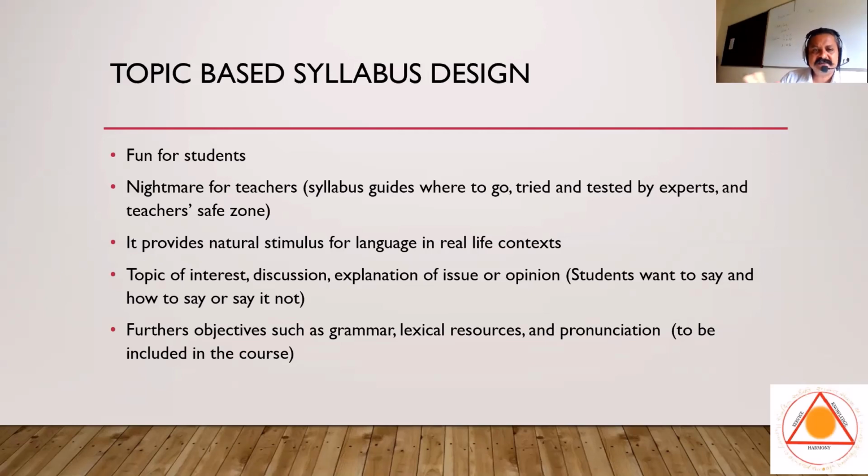The objectives such as grammar, lexical resources, pronunciation can be included in the course, but this topic-based course can give students an upper hand to advance their learning. It is not for intermediate or elementary students. It is for the advanced students. And those who are good at language, at least at intermediate level, will learn by designing their own syllabus.